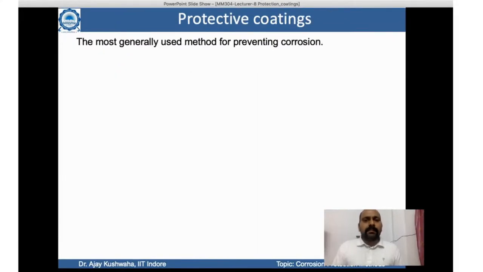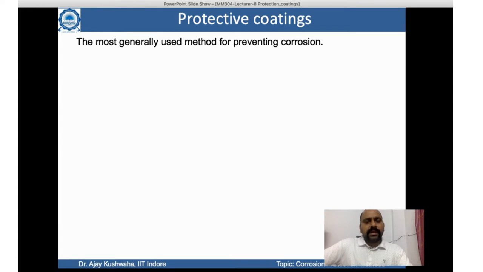If you look around us, you see metallic tables, iron-based chairs, doors, handrails, even automobiles. In all this equipment, we have seen there is a coating, a kind of paint. The paint is applied as a protection layer.